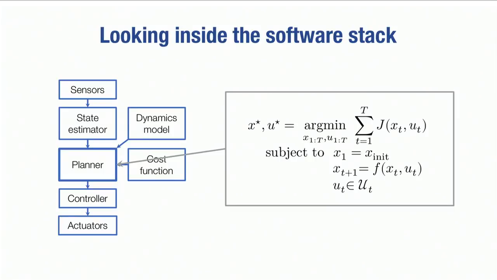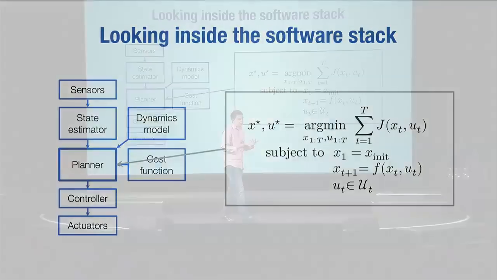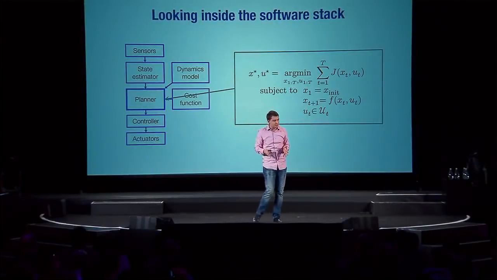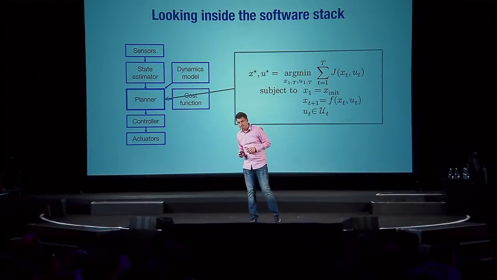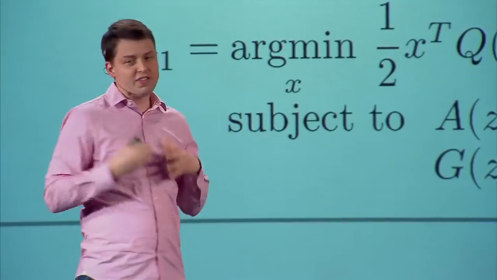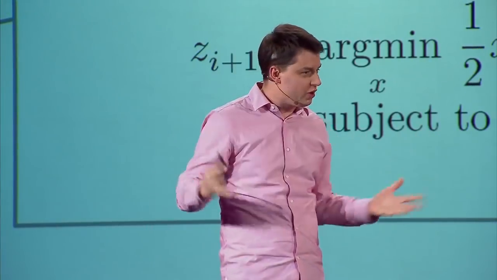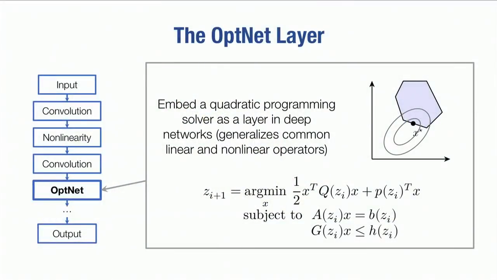And so what we've done is we've developed the tools to embed things like this into deep networks. So we've developed the most basic of which we call the OptNet layer. But this is a layer in a deep network that solves an optimization problem. In particular, this one here solves a quadratic program. It's a particular type of optimization problem that involves basically a quadratic objective subject to linear constraints.